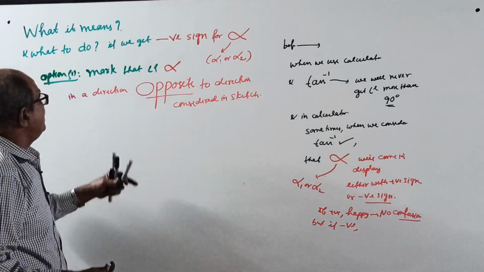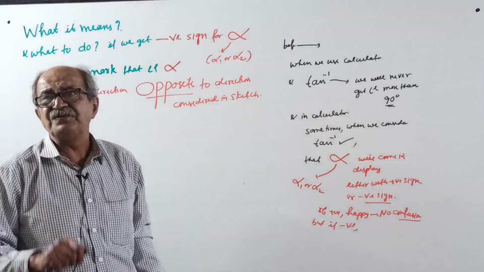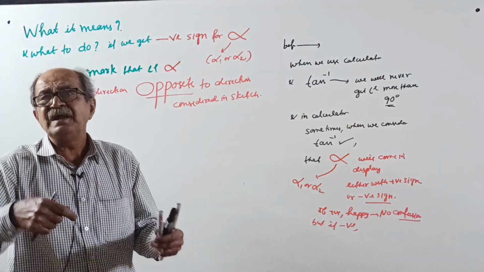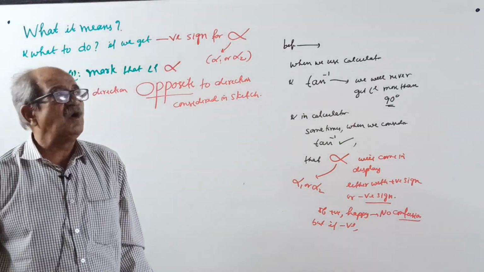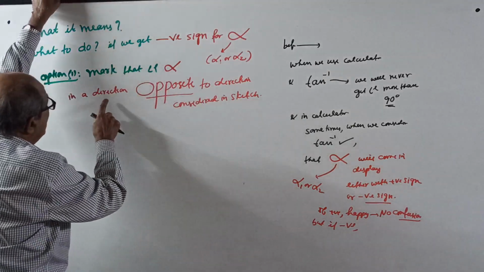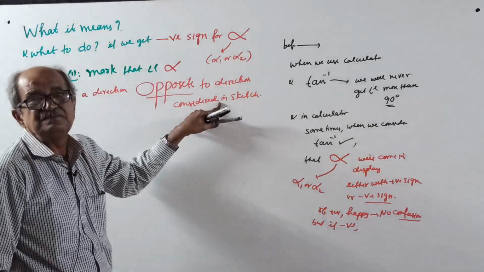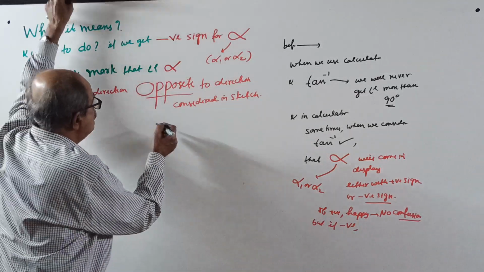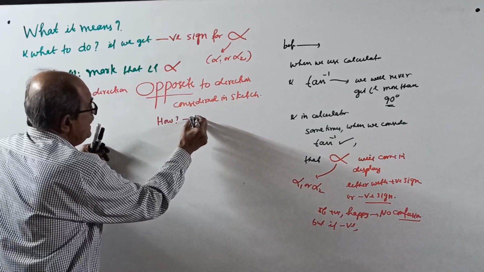That means it can be either alpha 1 or alpha 2. In case you mark clockwise and negative comes, mark anti-clockwise. Or in case you consider anti-clockwise and negative comes, mark clockwise. Whatever direction you consider, mark in a direction opposite to the direction considered in the sketch. One option. How? Some will ask, sir, how? Wait.